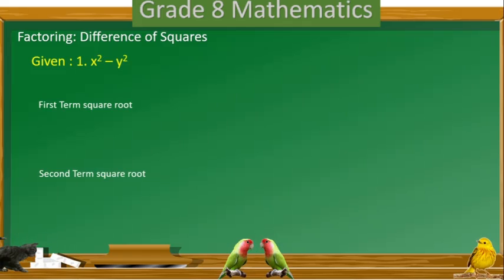So we have to find first the square root of the given terms, x squared and y squared. The square root of x squared is x. The square root of y squared is y.